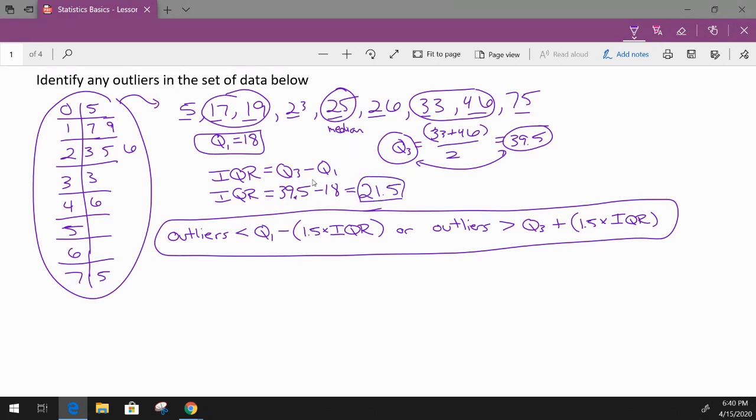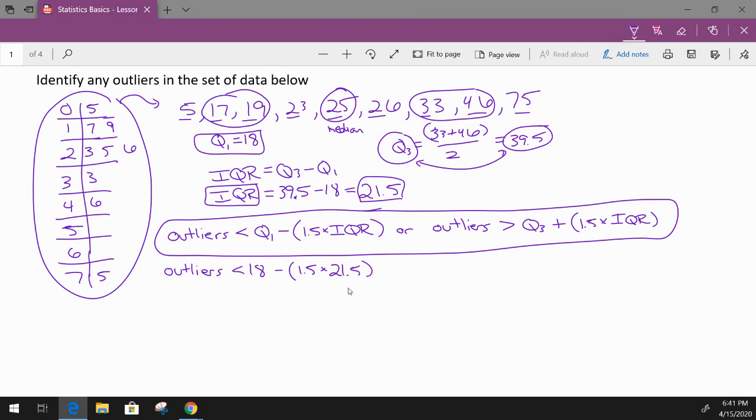So that is my interquartile range. Now that we have all the numbers we need for our formula, any outliers on the lower end are going to be less than Q1, which is 18, minus the product of 1.5 times my interquartile range, which is 21.5.